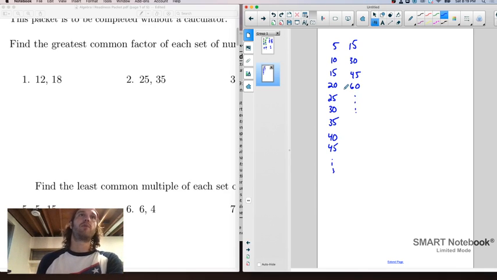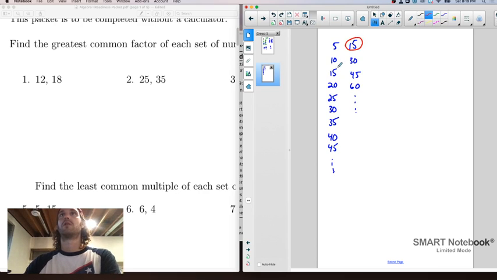The least common multiple is the smallest number that's in both lists, that they share. So the smallest number that the two lists share is 15.